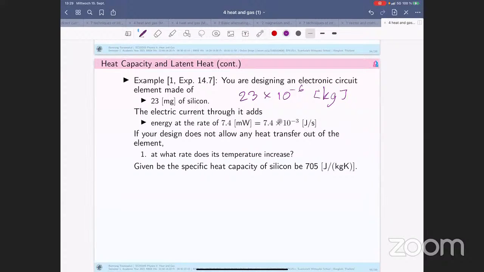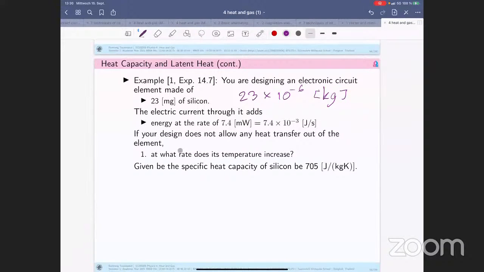Okay, the electric current through it has an energy rate of 7.4 milliwatt. And if your design doesn't allow any heat transfer out of the element, at what rate does its temperature increase?